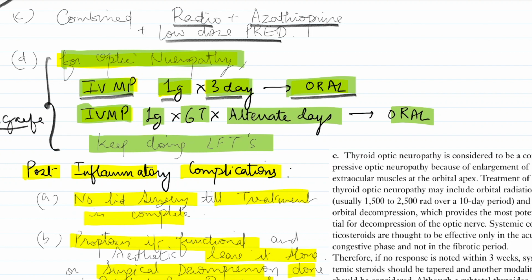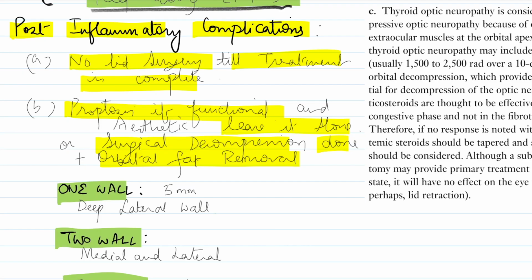Then IVMP 1 gram 6 times, on alternate days. This can be done along with liver function tests to assess the functional capacity of the liver, to find out whether you're damaging the liver in any way.